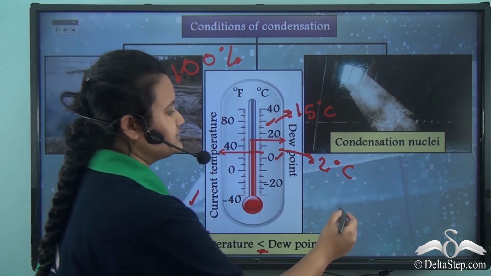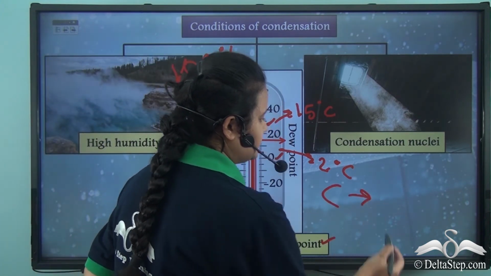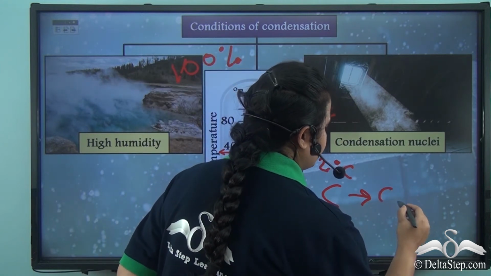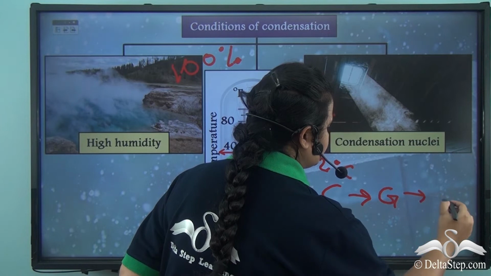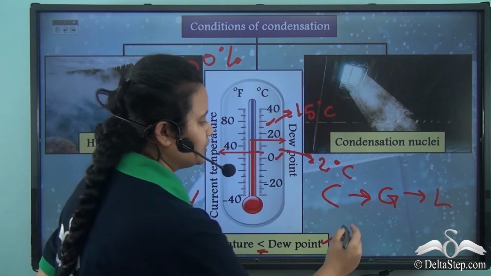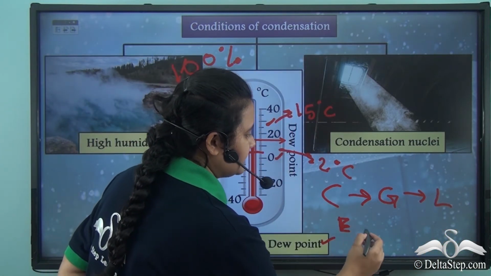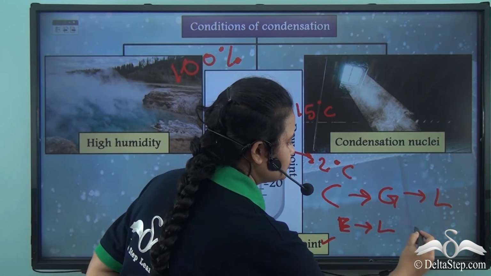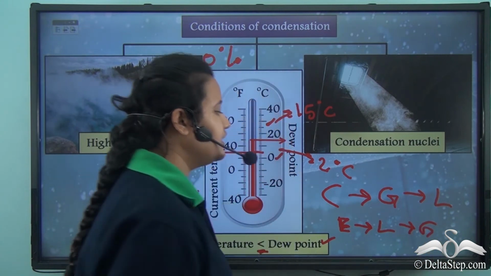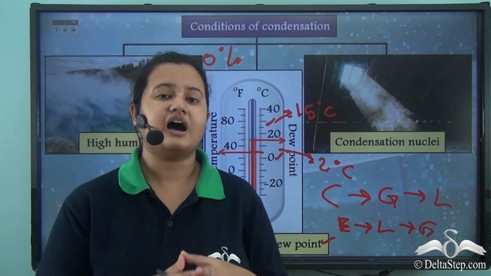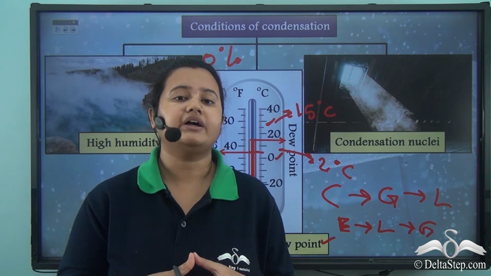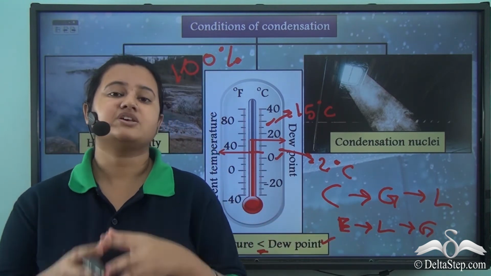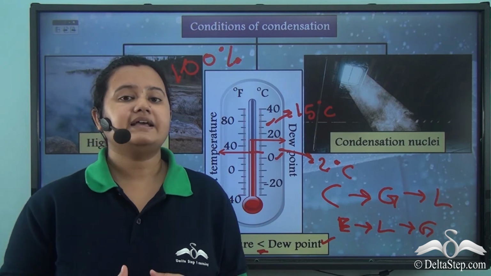So in the process of condensation, there is a change in state of matter from gas to liquid, while in the process of evaporation there is a change in state of matter from liquid to gas. So both these processes are opposite of one another. Now in nature, both these processes occur simultaneously. Let's see how.